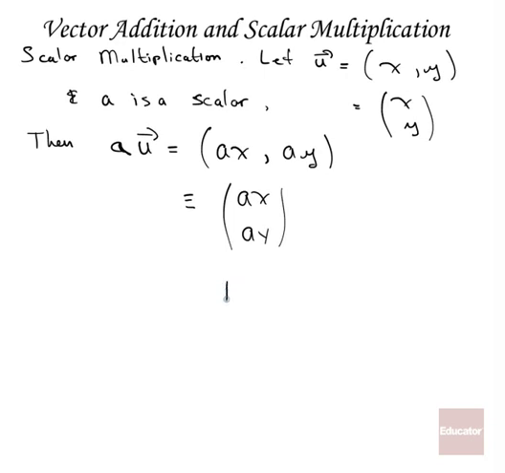What this means geometrically is the following. If this is my vector u, whenever I multiply by a constant, all I'm doing is expanding it if the constant is greater than 1, shrinking it if it is less than 1, and pushing it in the opposite direction if it is negative.